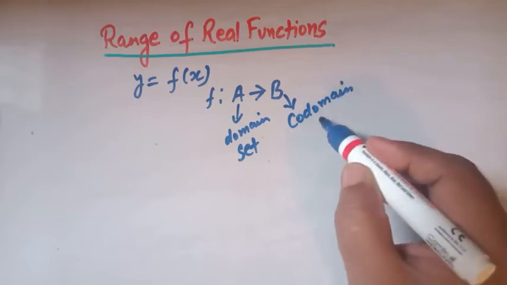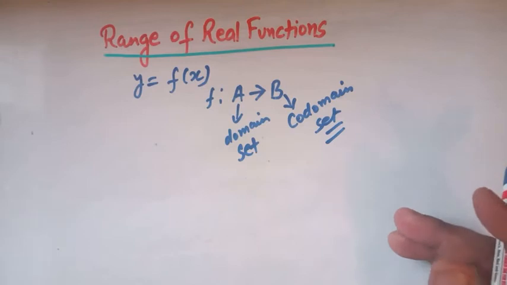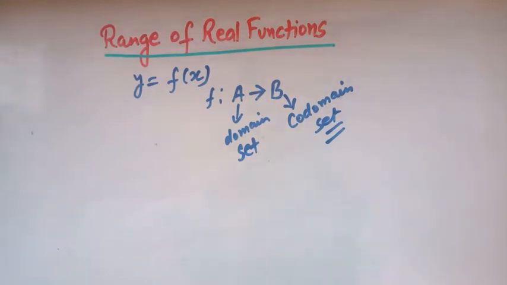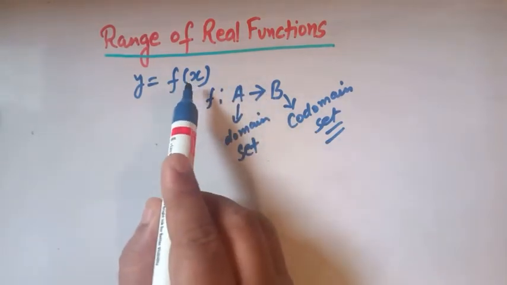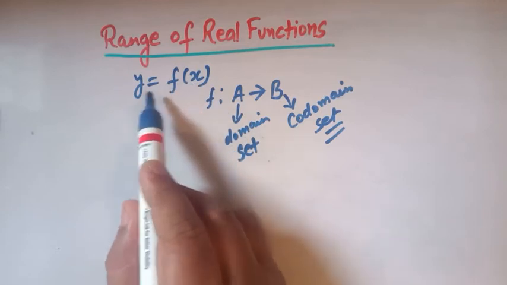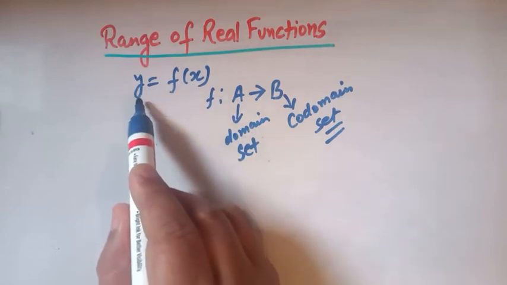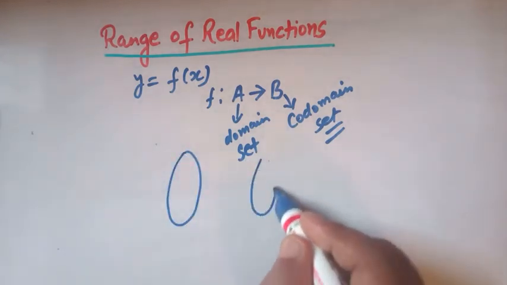Here we are talking of real functions, that is, we restrict our domain, codomain and range to the set of real numbers. So when we give the input x, or when x is operated on by f, we get y.